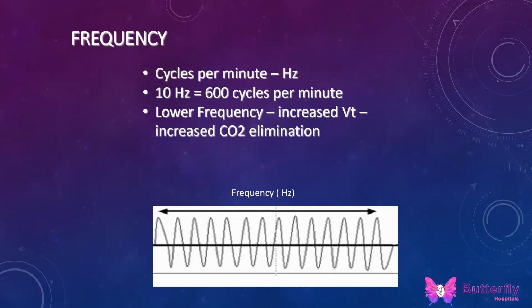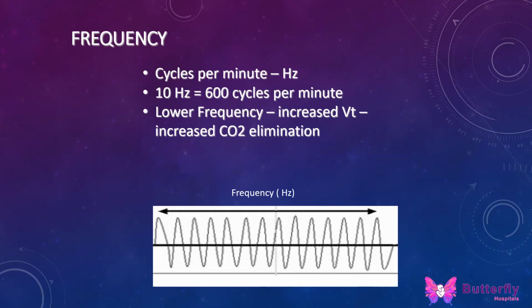Very few units practice high frequency as a primary mode of ventilation, but it does work in some of the small babies where you don't want to give too much pressure. A frequency around 12 to 14 is the recommended starting frequency for these extreme premature infants.